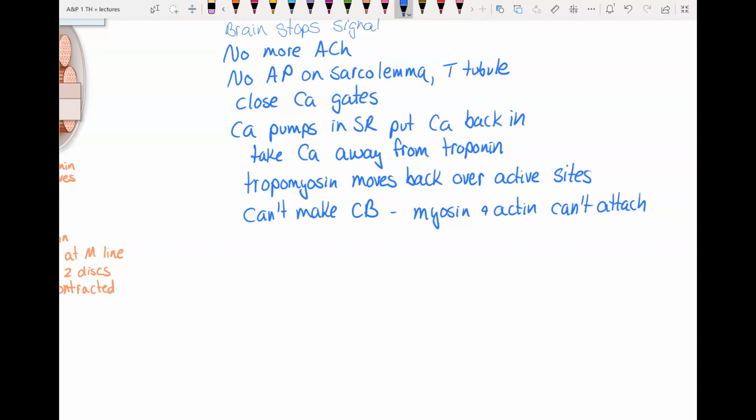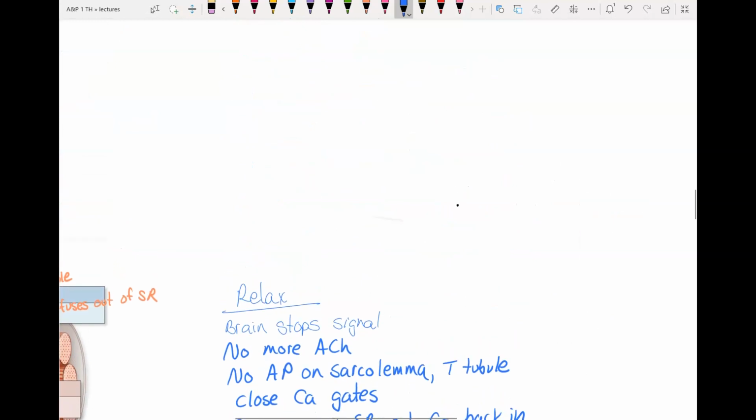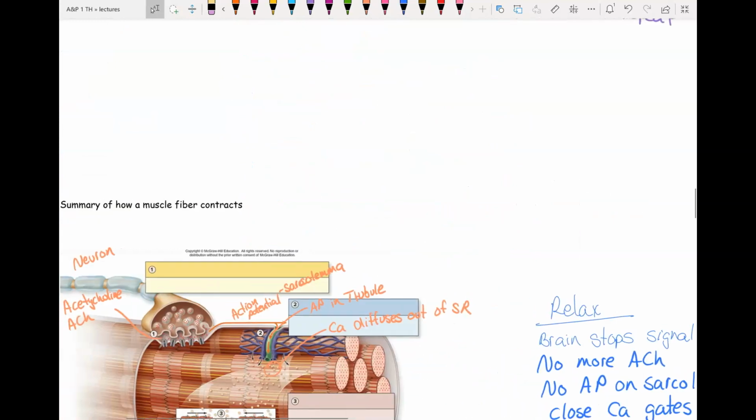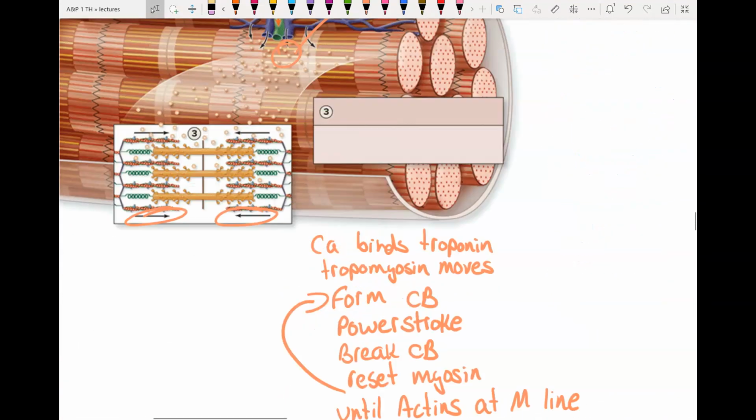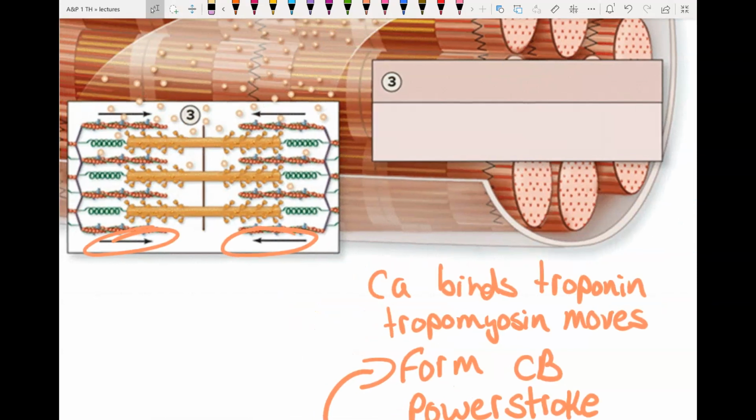And once they can't attach, that connectin springs back out. So remember, our connectin is these little green coils at the end, and they're like a spring. Once the myosin and actin can't hold on to each other, then that spring pops back out, and it pushes the Z discs back out to their resting position.